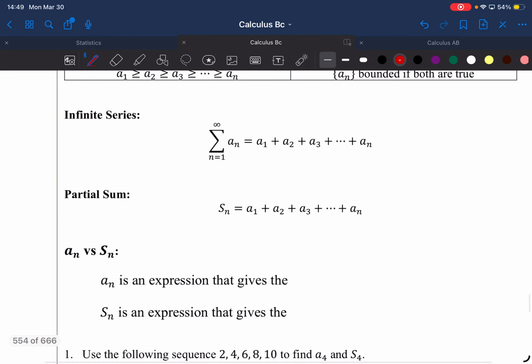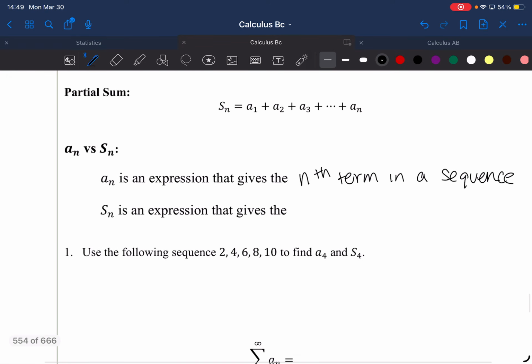So giving the formal definition, a sub n is an expression that gives the nth term in a sequence. So a sub n is always going to be one number. S sub n is an expression that gives the sum of the first n terms.